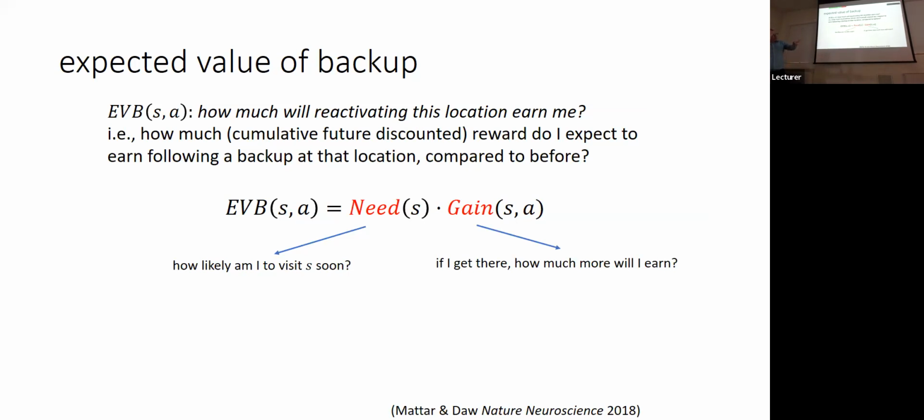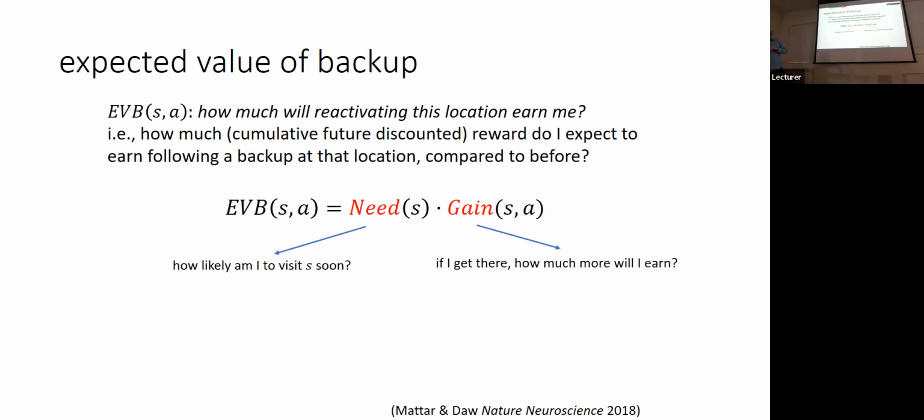The intuition is that expected value of backup is kind of like lots of expected values. It's like probability times magnitude. If I pay you different amounts depending on where the roulette wheel lands, the probability of it landing someplace times what you win is the expected value, right?